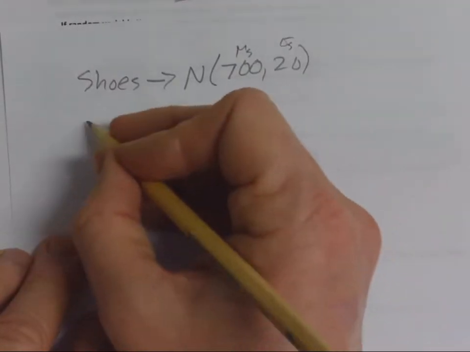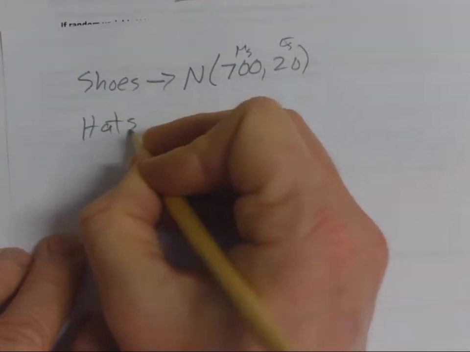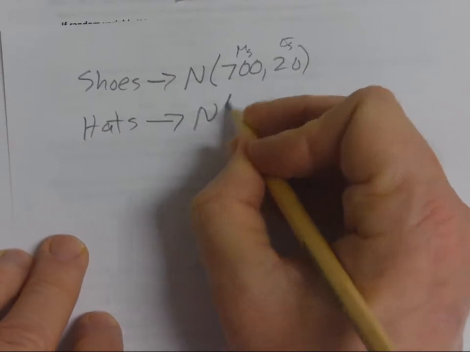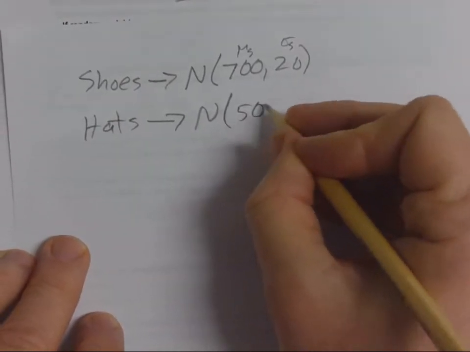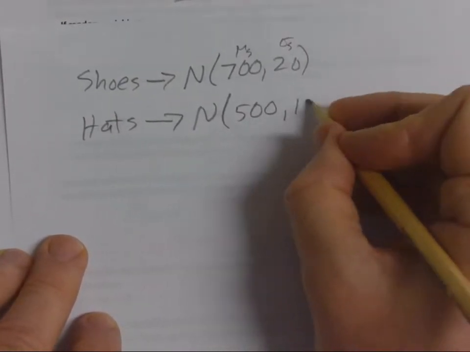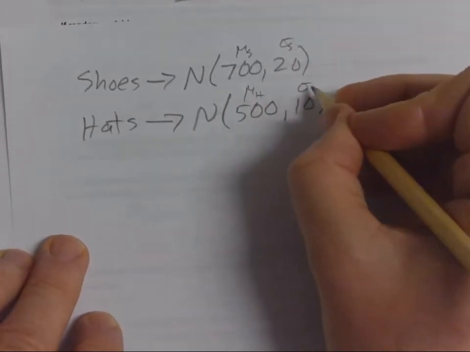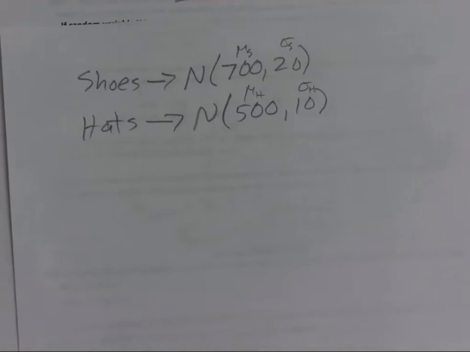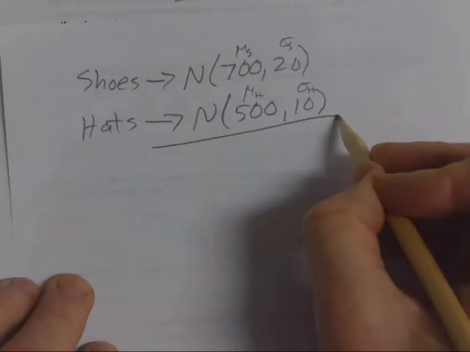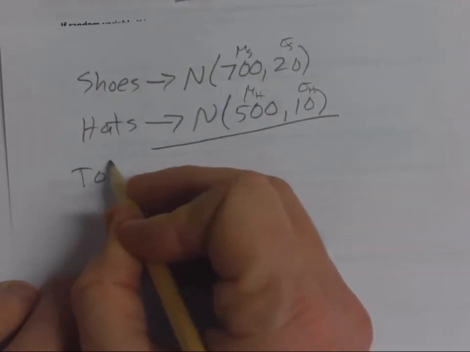And then he also makes money from hats each week. Let's pretend that also follows a normal model, with a mean of 500 and a standard deviation of 10. So there's the mean amount of money from hats, and there's the standard deviation from hats. And the question is, what is the total amount of money? How does it vary?